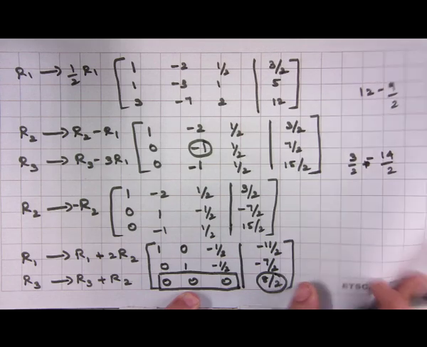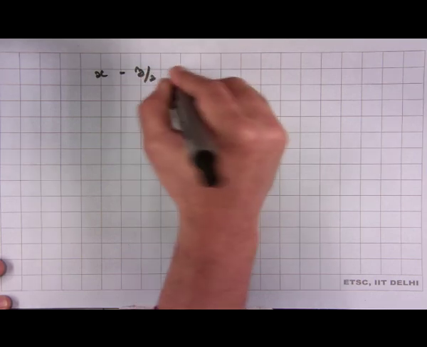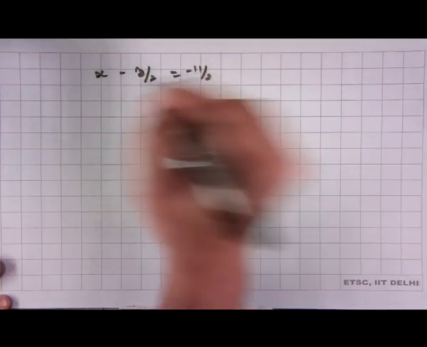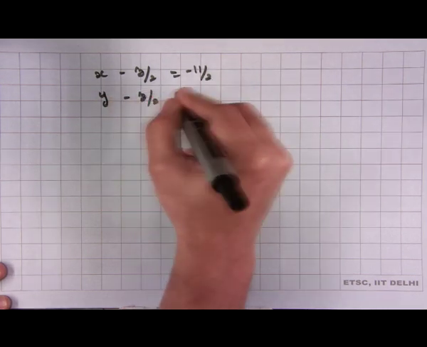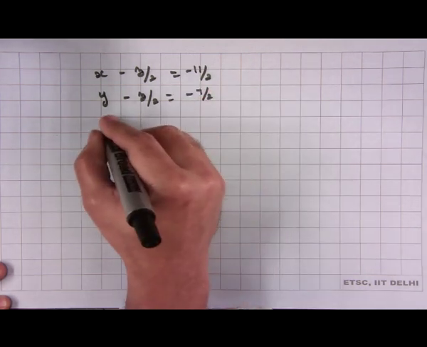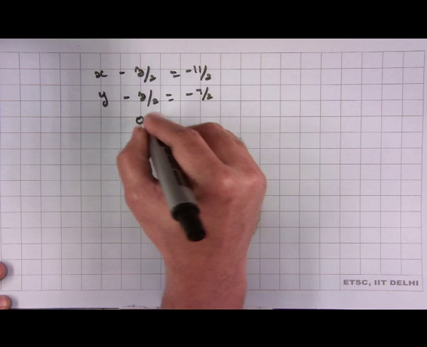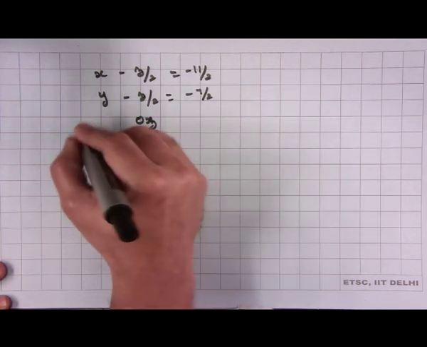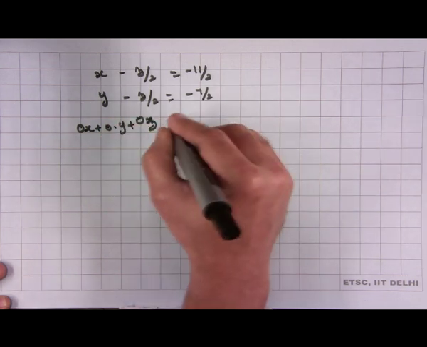If you just convert this back into the system of linear equations, what you will have is the following: x minus z by 2 equal to minus 11 by 2, y minus z by 2 equal to minus 7 by 2, 0 times x plus 0 times y plus 0 times z equal to 4.